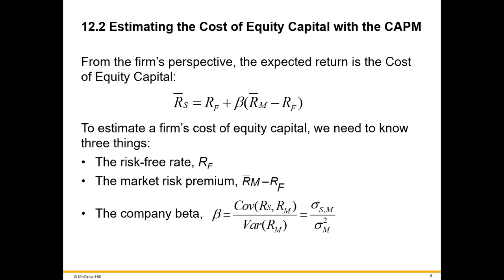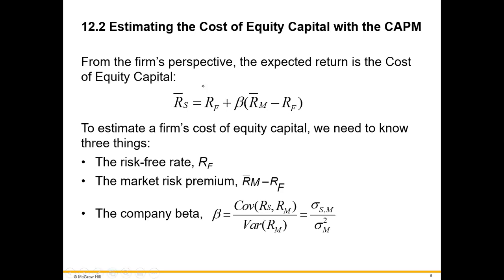So from a firm's perspective, the expected return is the cost of equity capital, and it can be defined by the formula you see there, where RS is the expected return on the stock.